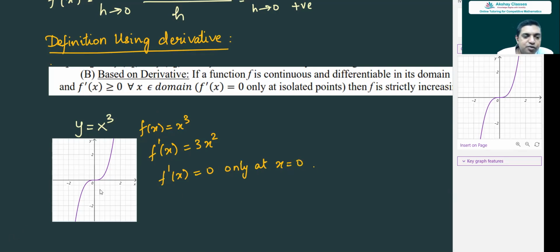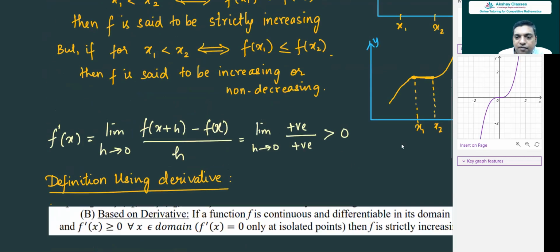So at x equal to 0, you get a horizontal tangent. But for all other x, the derivative is always positive. So this equal to 0 is only at one point, an isolated point. It is not over an interval.